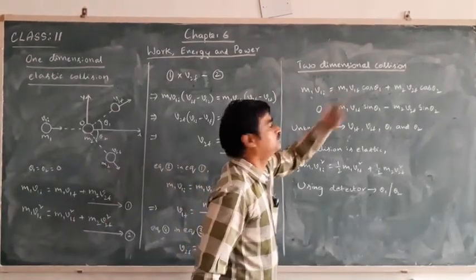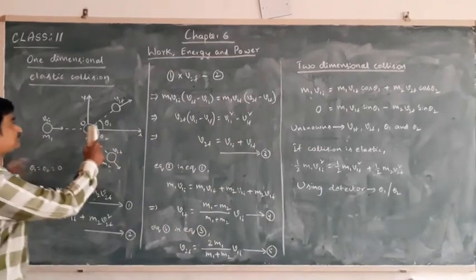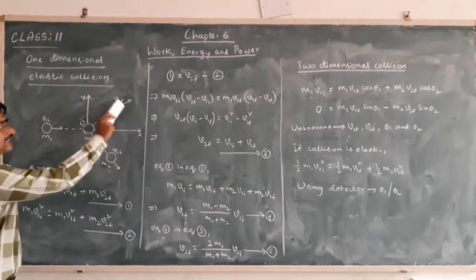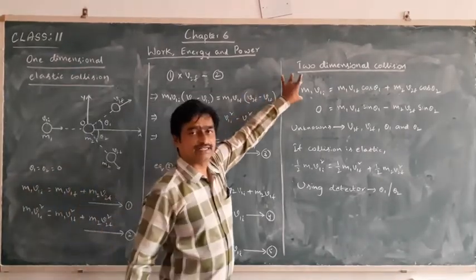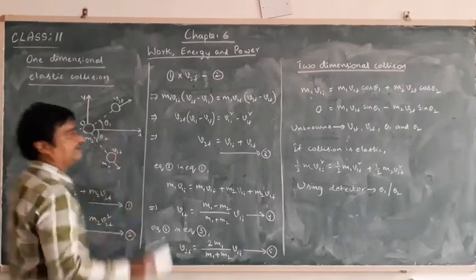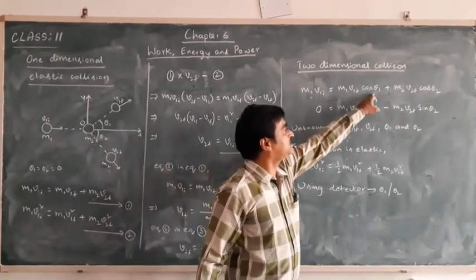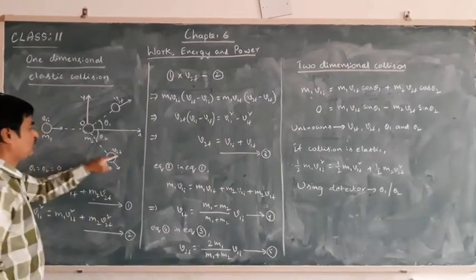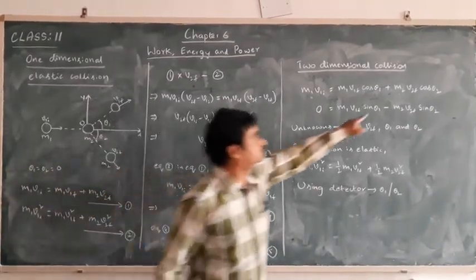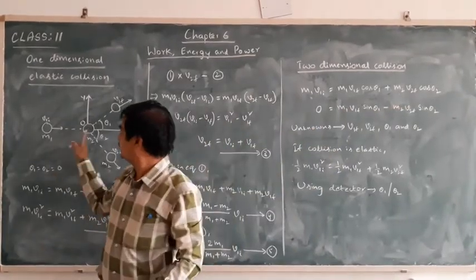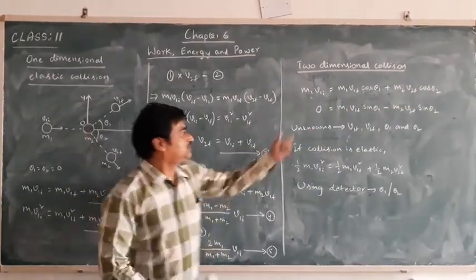This is equal to m1 v1f, and we have to consider the x direction, that is, along the x direction. It is m1 v1f cos theta plus m2 v2f cos theta. This is for the first body. Then for the second body it is at rest, 0.